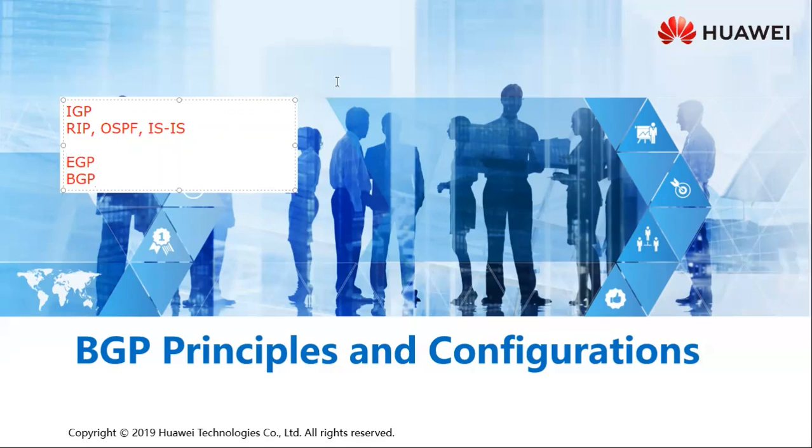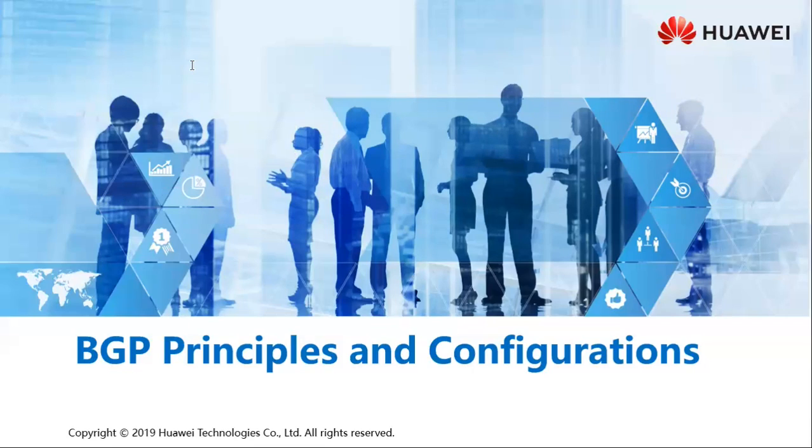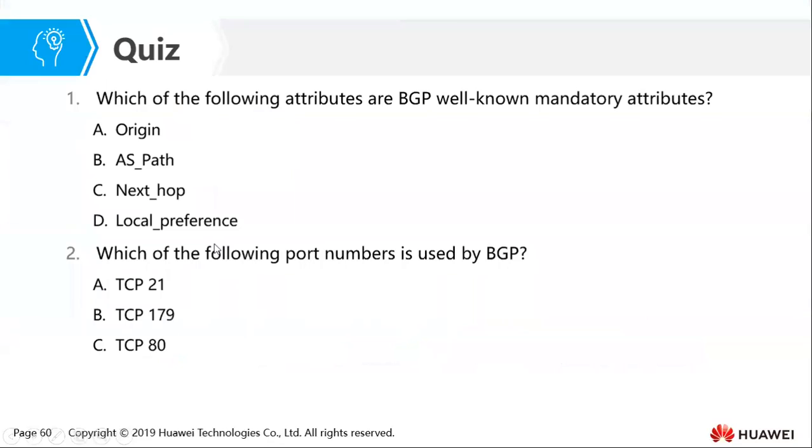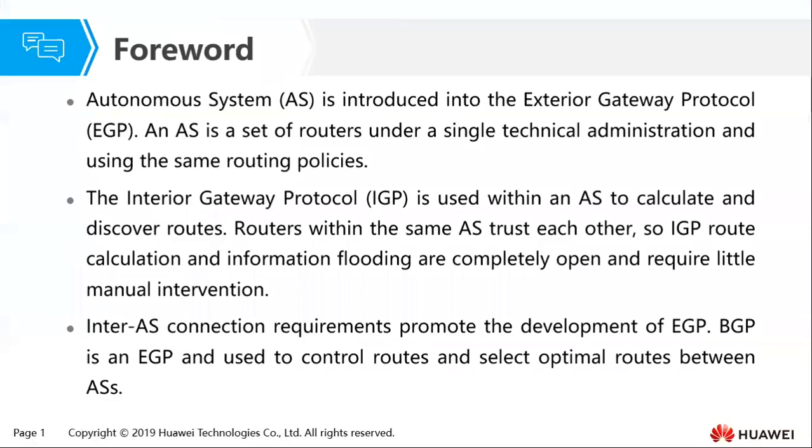So we want to look at that in this topic and understand how BGP operates. When you talk of exterior, we are talking of sharing the routing information between autonomous systems. So that is what we want to understand in this particular topic. Okay, so I'll read the foreword.